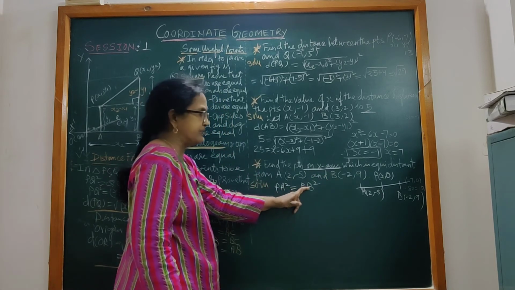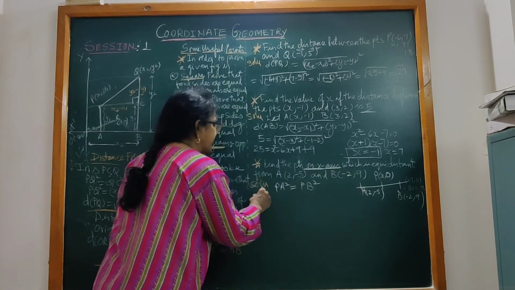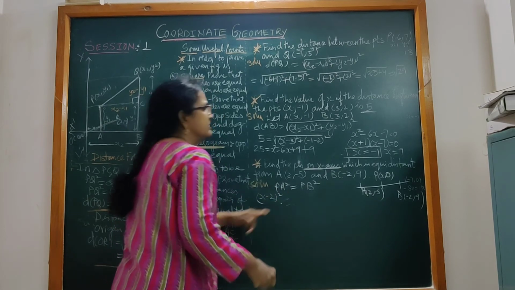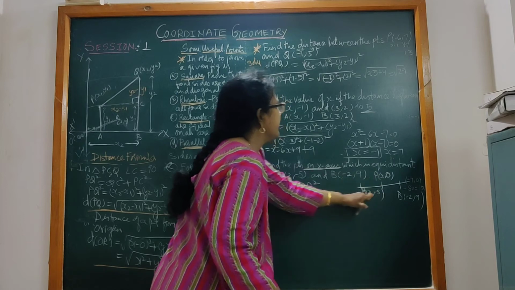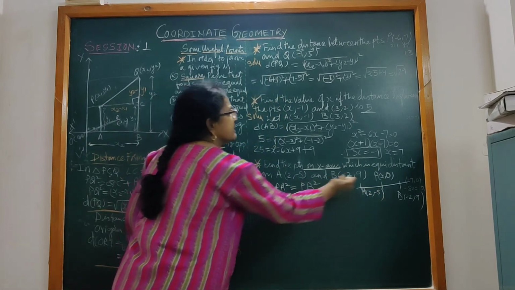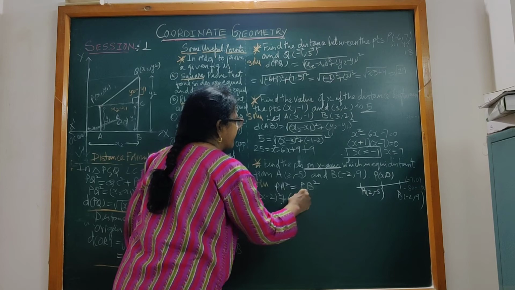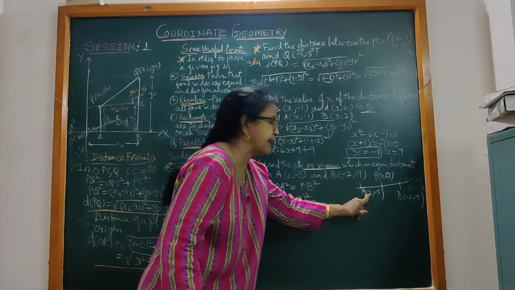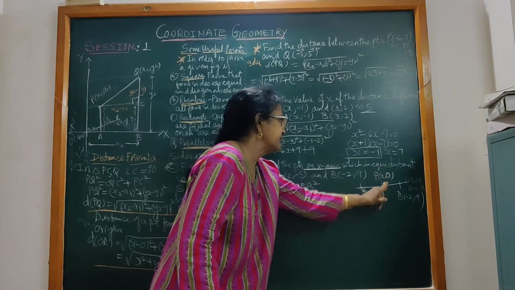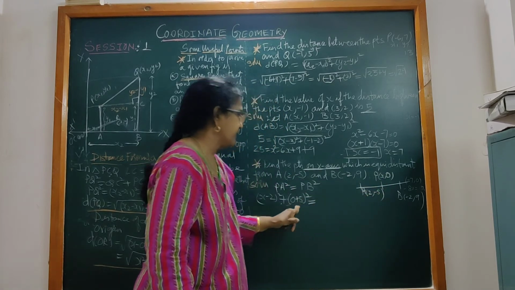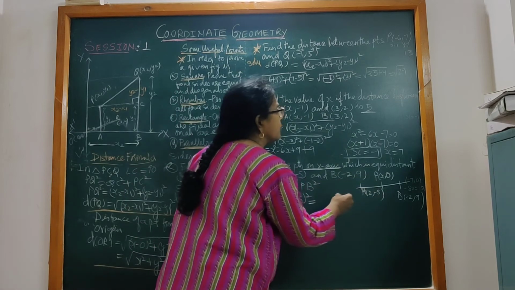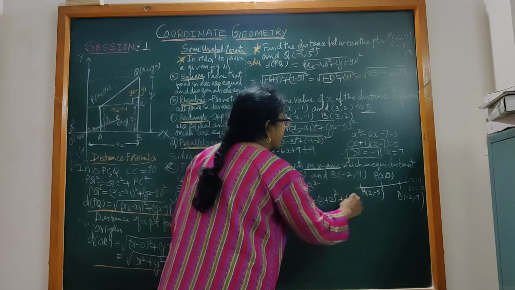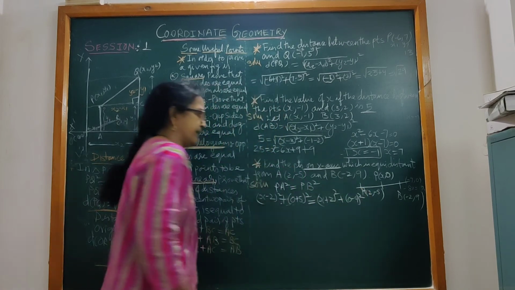So x minus 2 the whole square plus 0 minus minus 5, that is plus 5, the whole square is equal to x plus 2 the whole square plus 0 minus 9 the whole square.